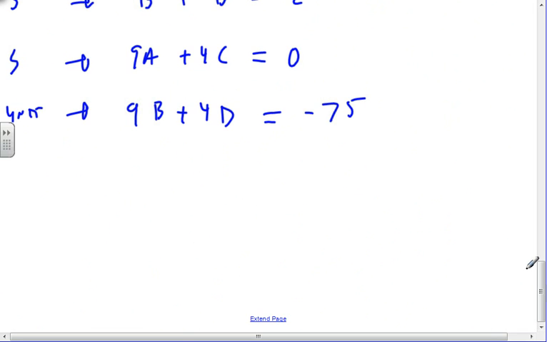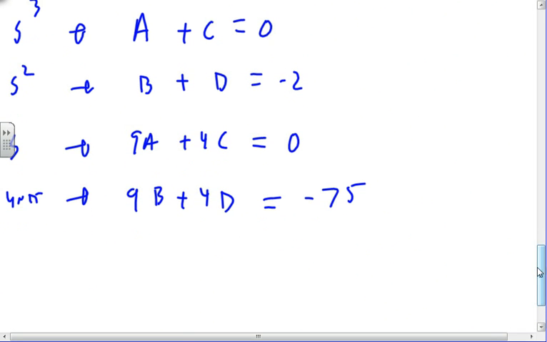Okay, well I have 4 equations, 4 unknowns, but really I have 2 sets of 2 equations, 2 unknowns. So I'll solve for A first. Very interesting.